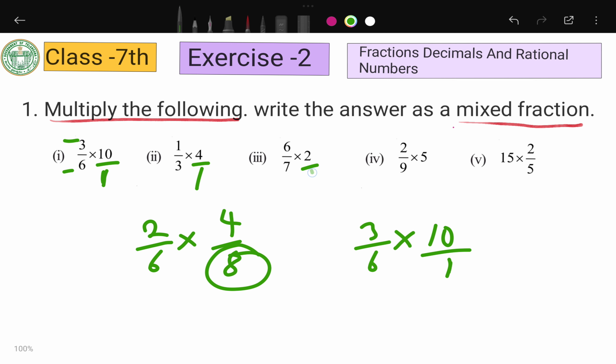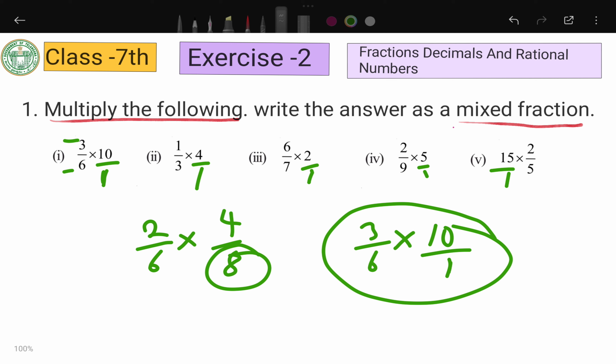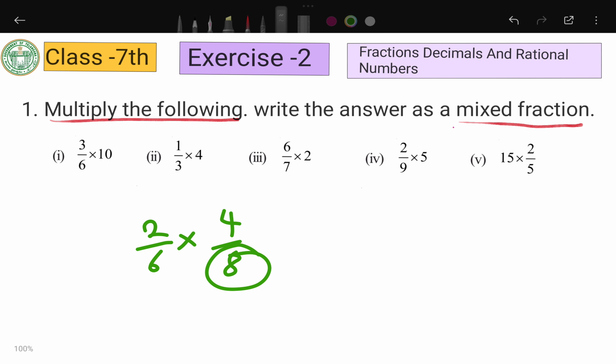So here also we will assume 1, here also 1, here also 1. So your question will look like that. I hope you understand why I assume 1, because this is the rule of mathematics. Now this is the question which I took as an example.